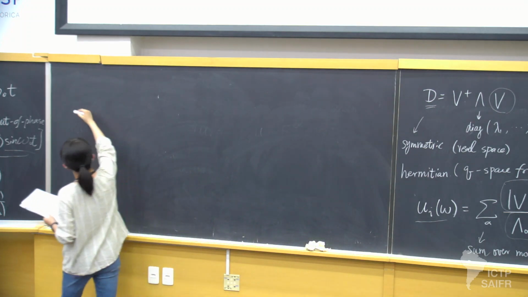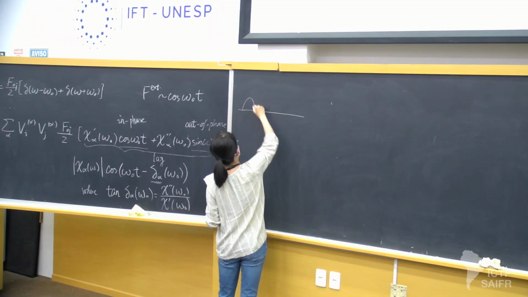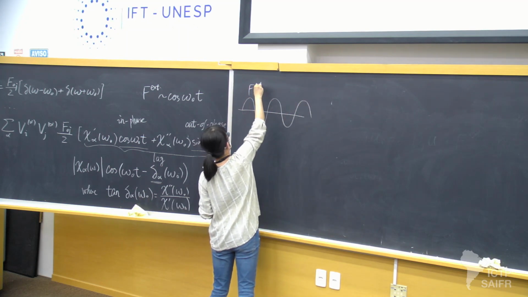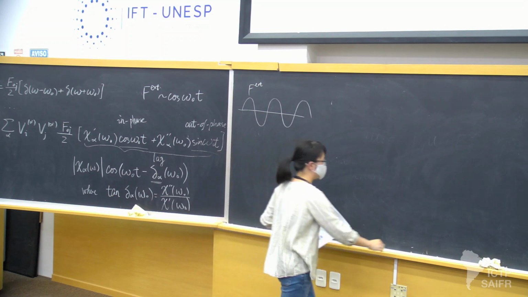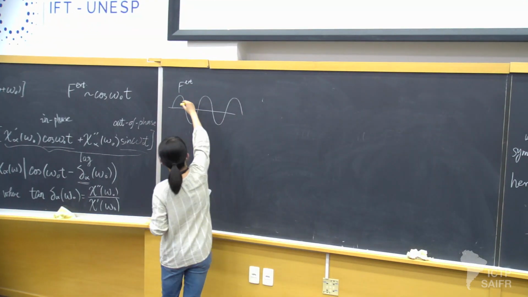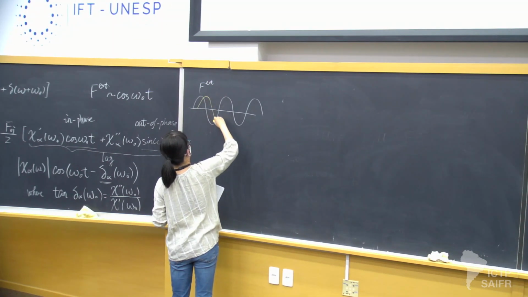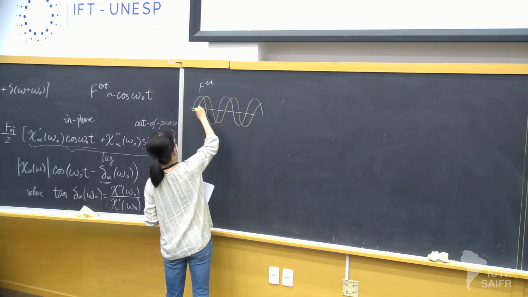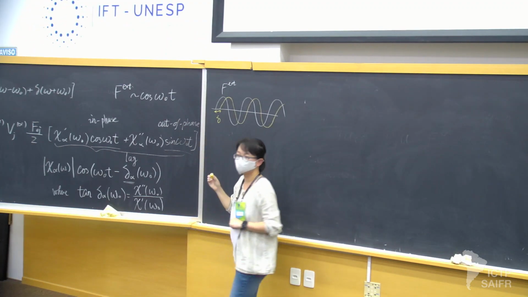So schematically, you can write the external forces like this. But the displacement is something like this, where this is delta.